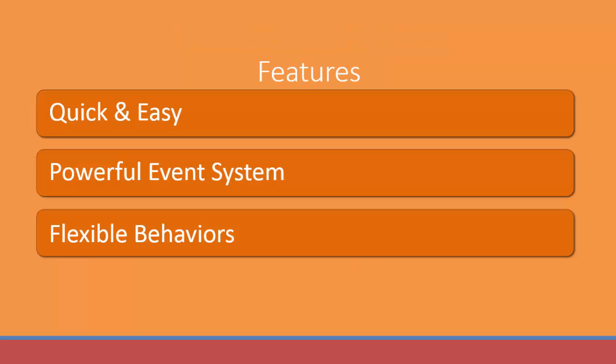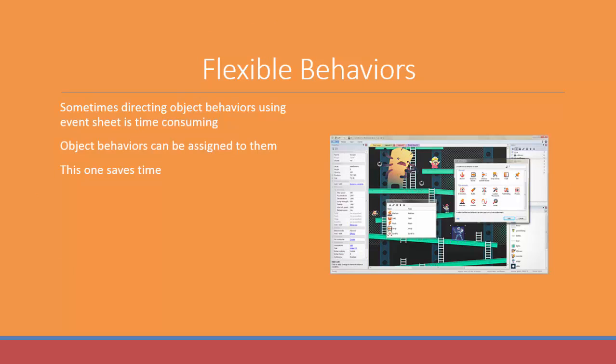Another feature is flexible behaviors. Behaviors are actually attributes of the objects, or how an object would behave. I mean, yes, it can be written using event sheets, but sometimes there are redundant behaviors, which might be time consuming to write in an event sheet, and again they are very cliched.